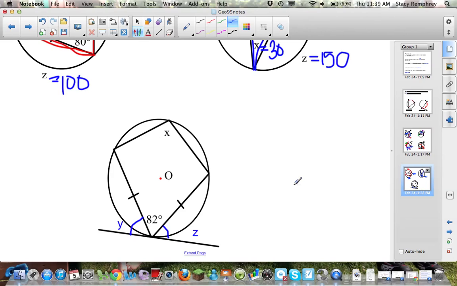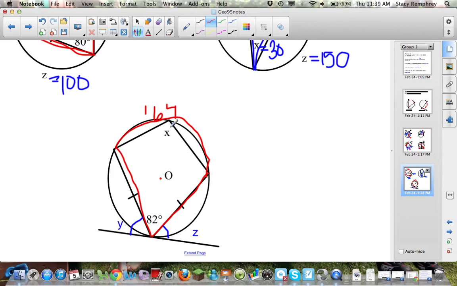Down here, okay, let's see if I change the colors up a bit. 82 is out here, so this big arc is 164. This big giant arc over here, 164.